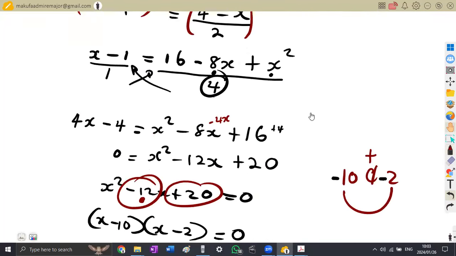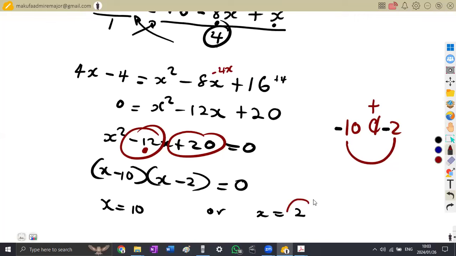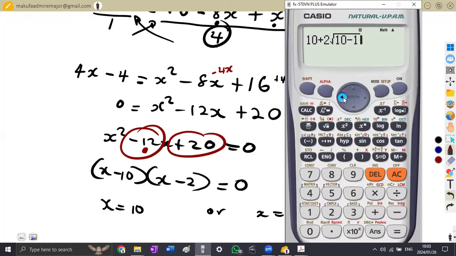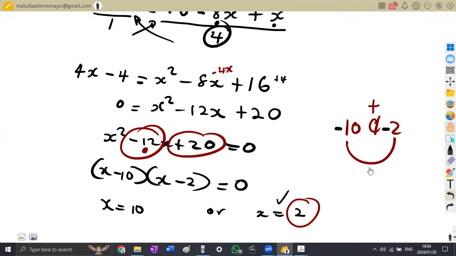We move on to x being 2. Are we going to get a positive 4? Let's substitute a 2 where there is x here, and a 2 where there is x here. This gives us exactly a positive 4. That means this is our solution: x is equal to 2.